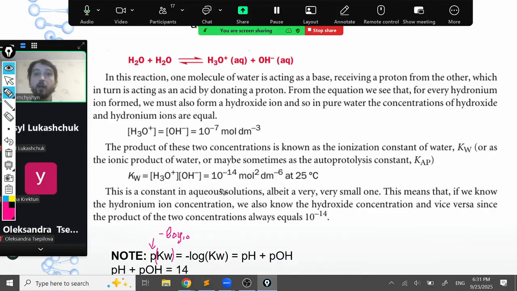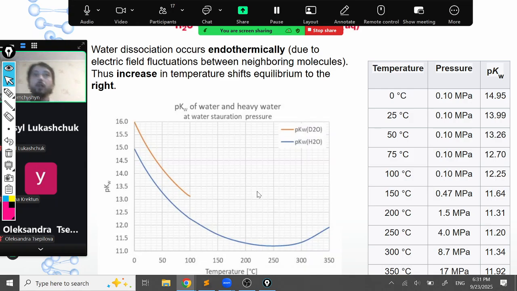Kw was 10 to the minus 14, so you calculate that and get some number. But the interesting thing is that if you use the definition of Kw, you can find out that it is equal to pH plus pOH. So pH plus pOH is always equal to 14. That's what we have, and we will probably use that.